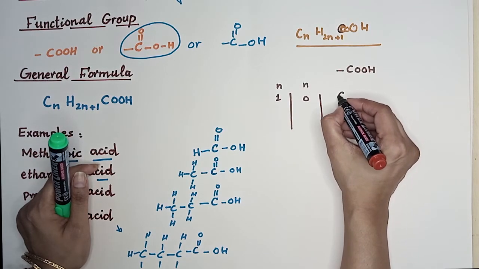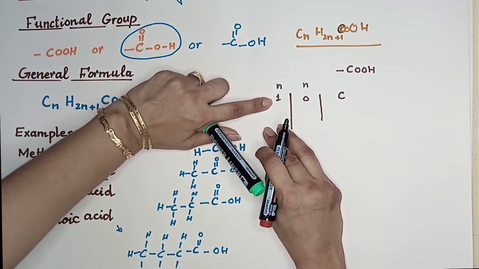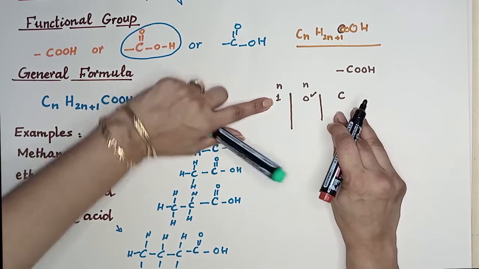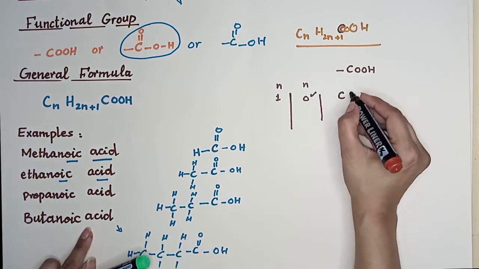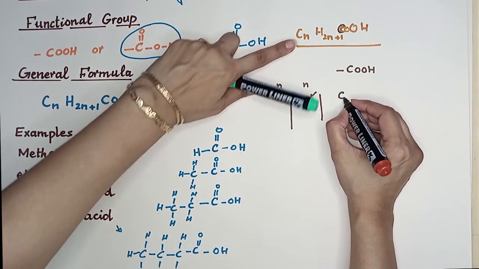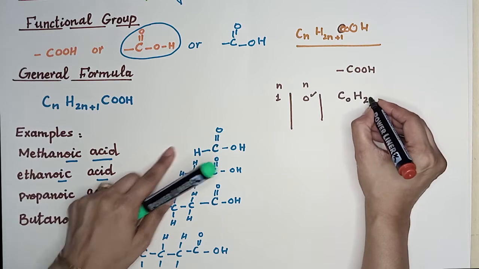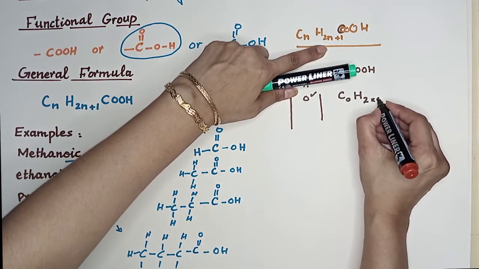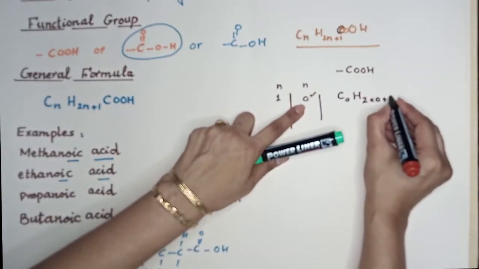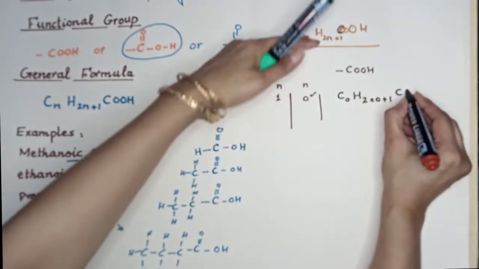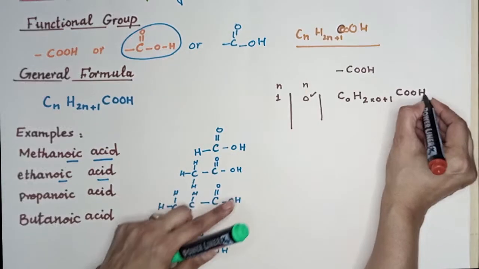Cn, in place of n we will write 0. H2n, multiplied by 0, we have 0, plus 1, and again the functional group C double bond OH.